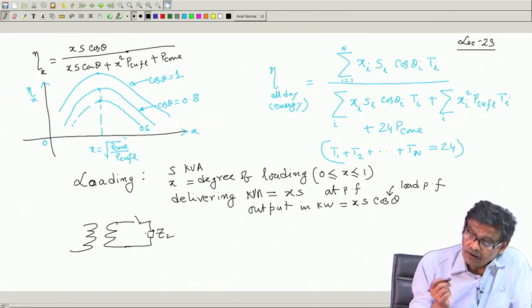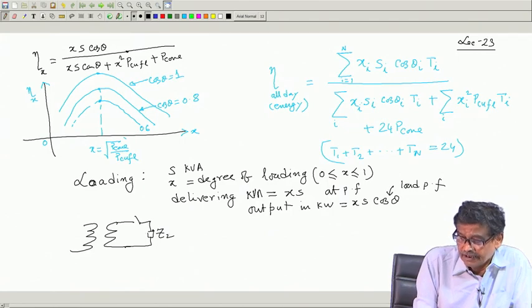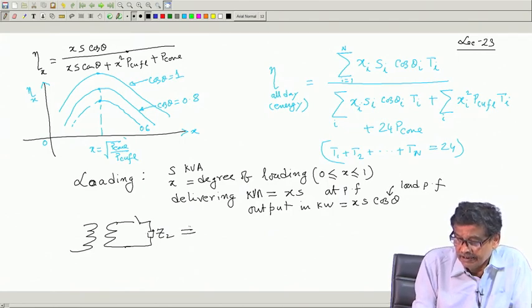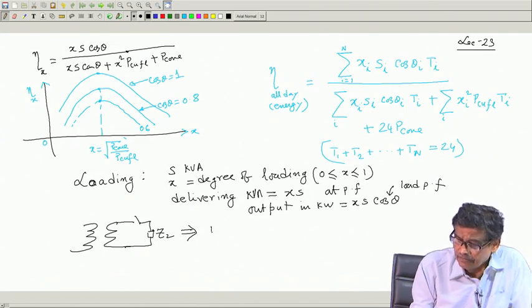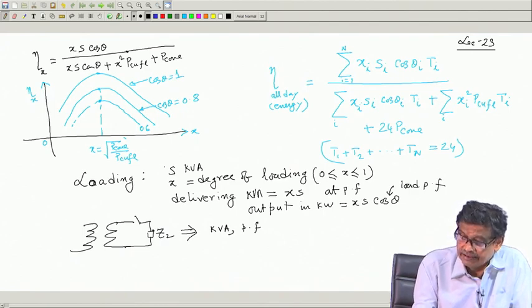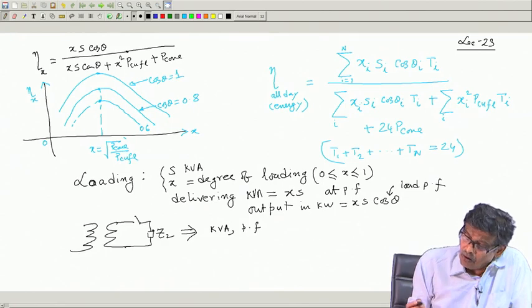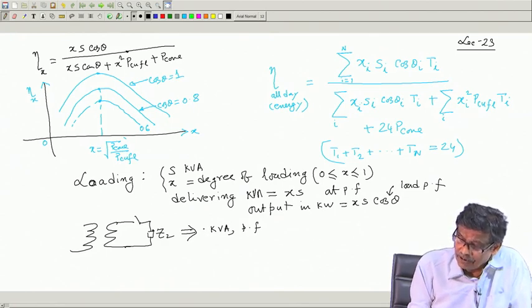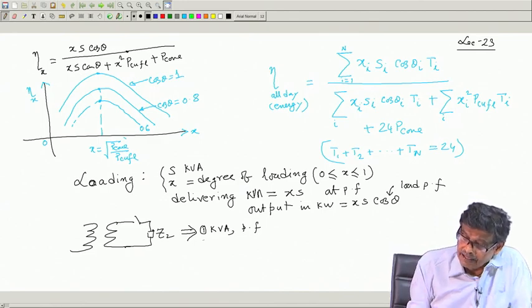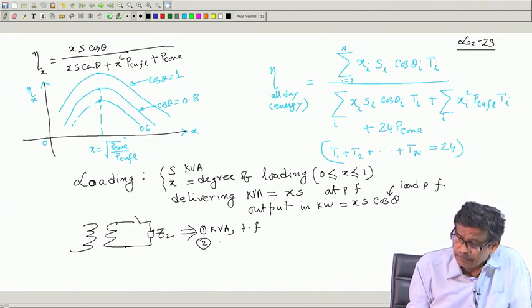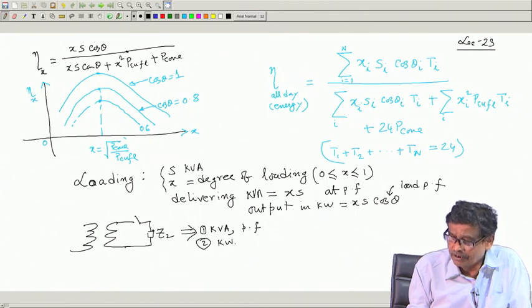In other words, one way of specifying this load indirectly is that you specify the kVA of the load and power factor, as here I have done. Another way is to specify load in terms of kilowatt and power factor. Are you getting?